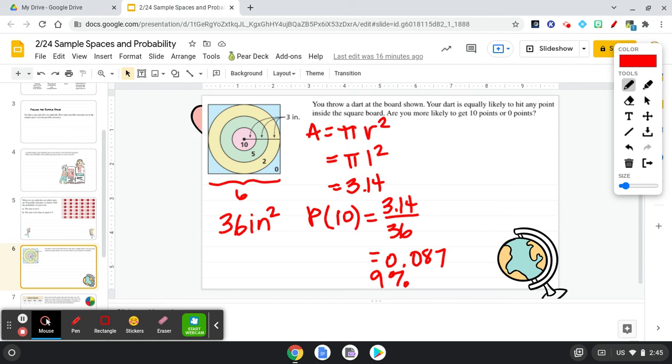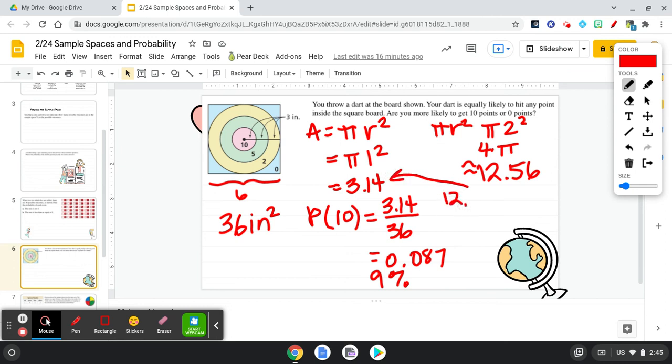All right, now the 5-point circle is a little bit trickier. So again, pi r squared. This time it's pi times 2 squared. So I have 4 times pi, which is approximately 12.56. But we're going to subtract the 10-point circle.